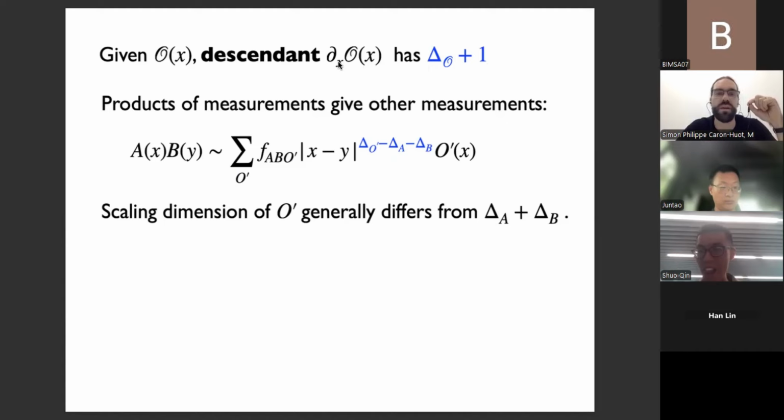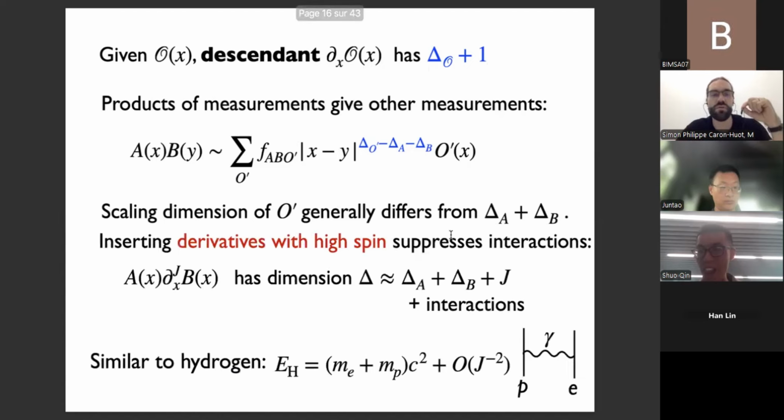When you take products of measurements, of course, that gives other measurements, but the scaling dimensions don't add in a simple way, because remember in quantum field theory, you cannot directly multiply things at the same time. You have to take a limit, renormalize. So in general, the things you get don't just have simple scaling dimension.